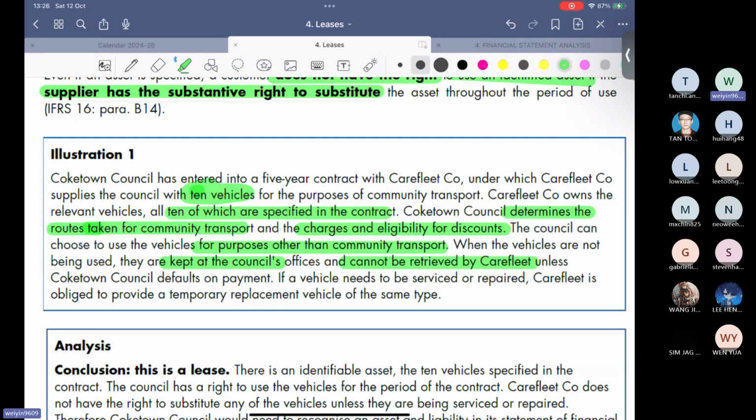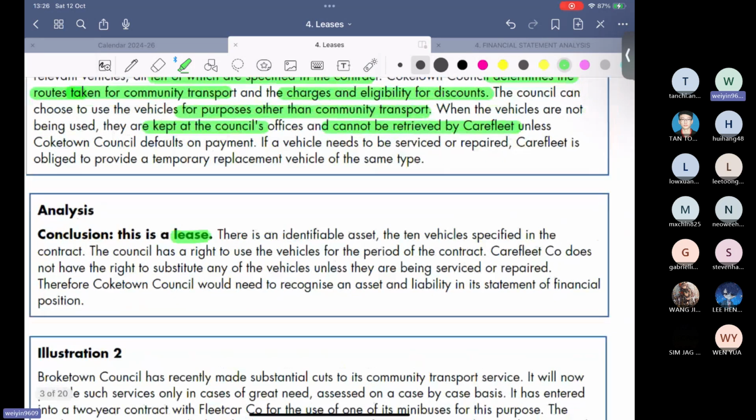So with these 3 points, it is clearly stated that this is a lease with an identifiable asset. During the period of the contract, Clarfeet does not have the right to substitute any of the vehicles unless they are being serviced. So with this, the council needs to recognize an asset and liability in the statement of financial position.